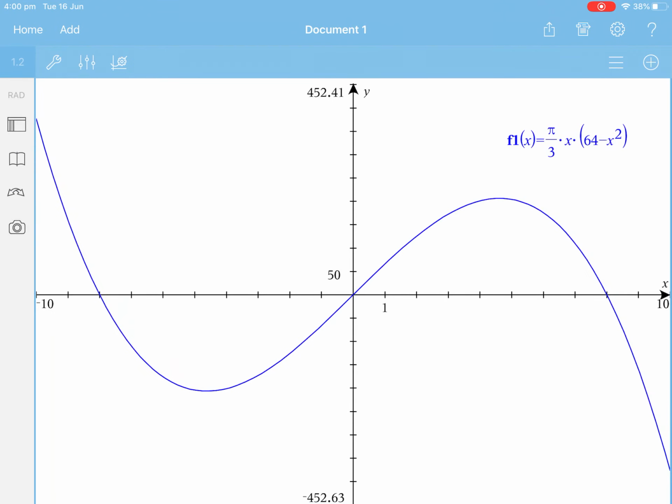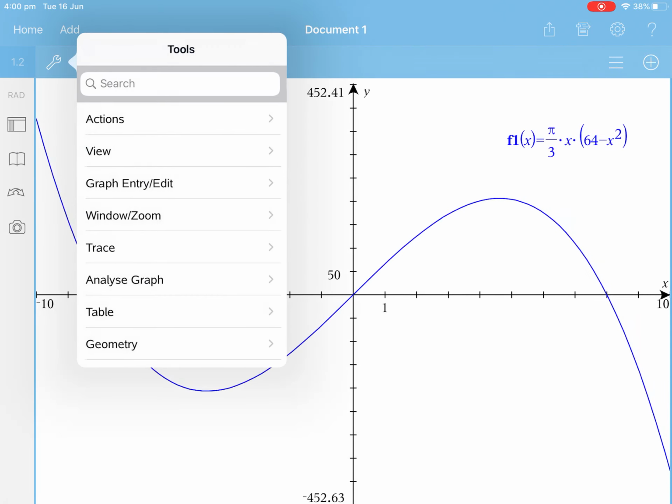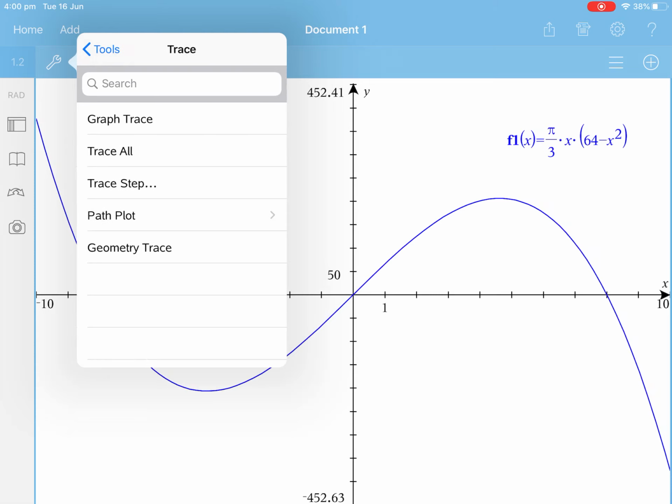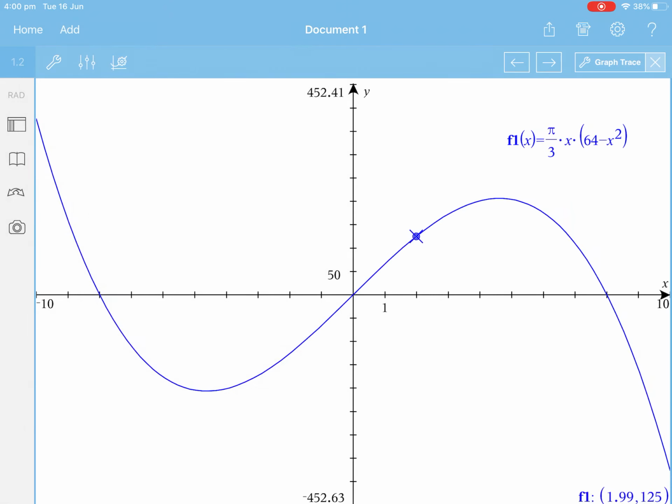So let's have a look at our calculator. I can press menu, and then in menu you can use trace, graph trace, and then you can just arrow across. And you can kind of find that maximum point here. Now on your calculator, when you hit that maximum point, it'll actually jump to it.